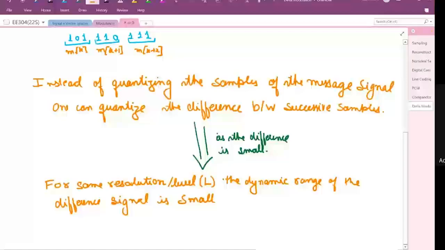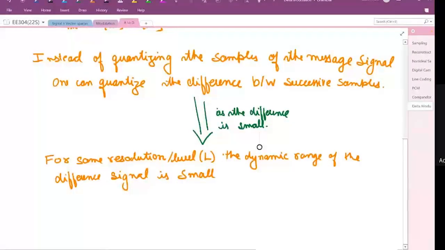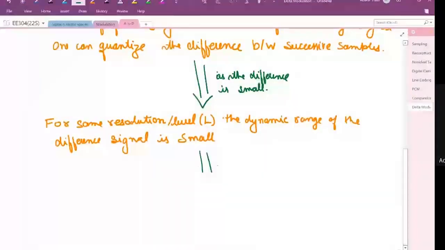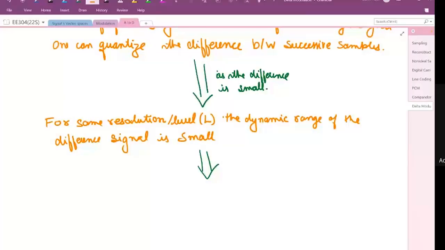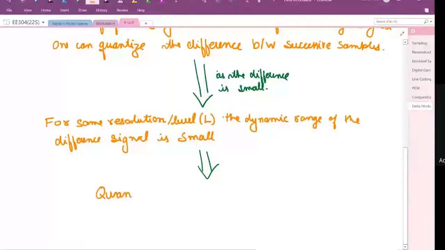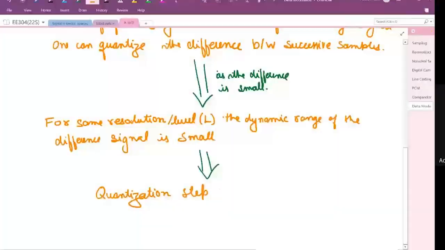If the dynamic range is small, then the quantization step size will be small, and if the quantization step size is small, then the quantization error will be small.